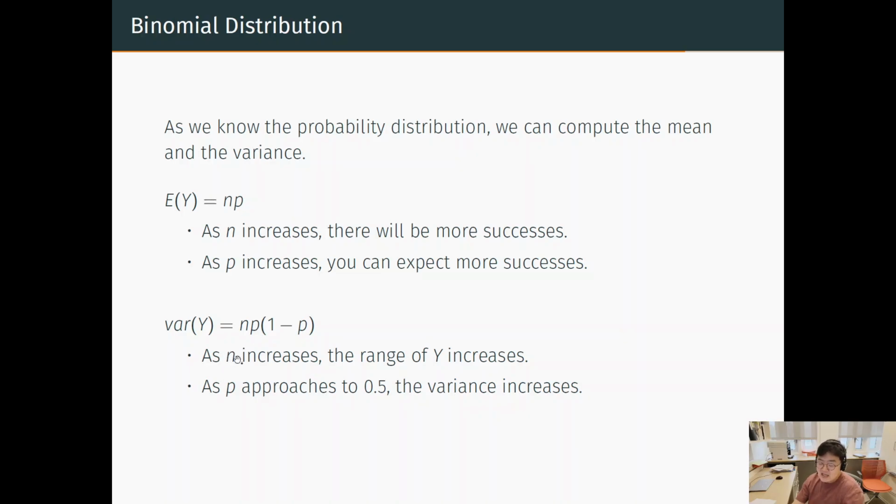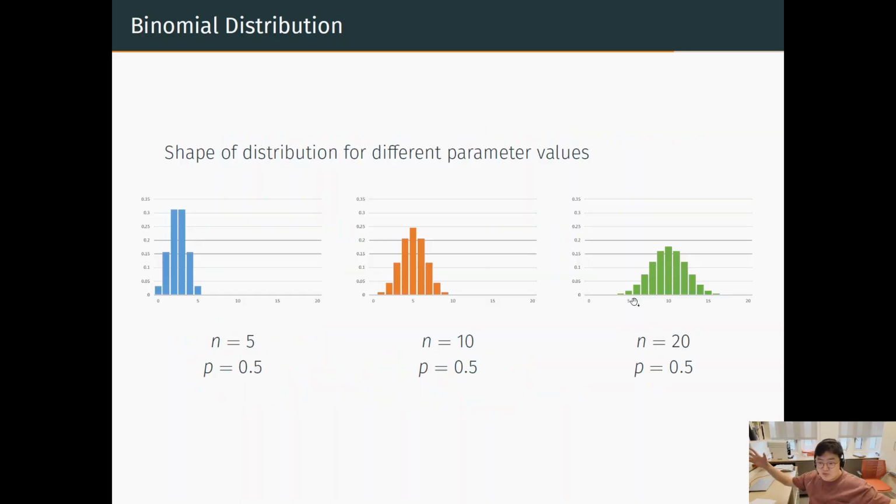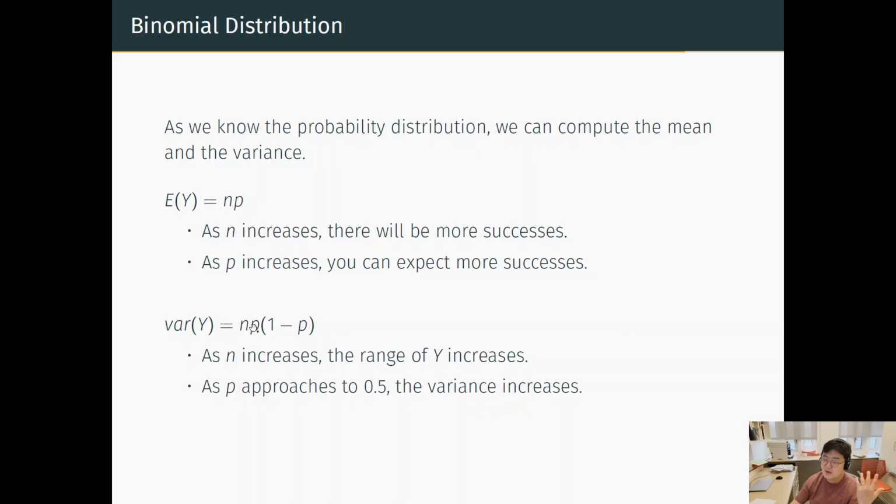But as n increases, the range increases, as you saw on the previous page. So as the number of trials increases, the range increases, so it's spread out more. So the variability increases; variance increases proportionally. Okay, right? Anyhow, it is a pretty simple formula.